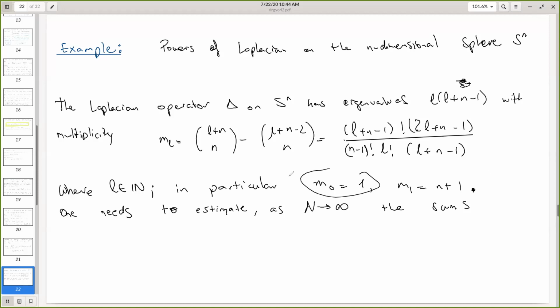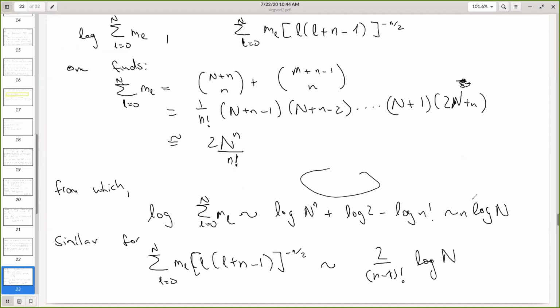And one needs to estimate, as n goes to infinity, the sum of m_l for l from 0 to n, divided by the logarithm of n.